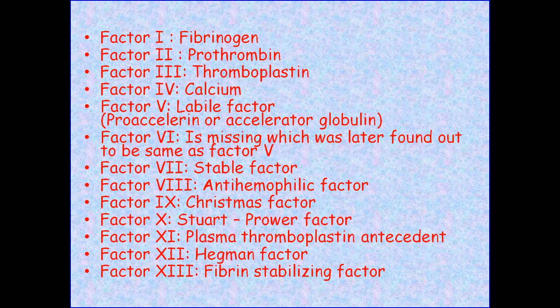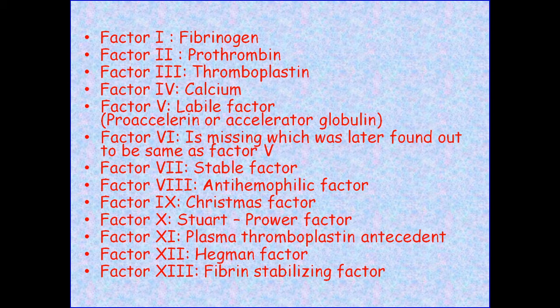Factor 1 is fibrinogen, factor 2 prothrombin, factor 3 is thromboplastin or tissue thromboplastin. Factor 4 is calcium ion. Factor 5 is proaccelerin or labile factor. Factor 6 is missing, which was later found to be the same as factor 5. Factor 7 is a stable factor.